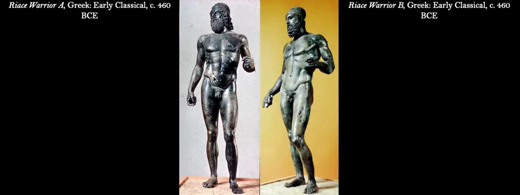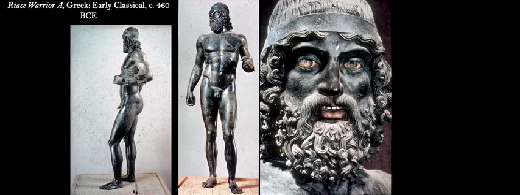And this is a good example of how that can look with bronze statues, Riace Warrior A and B. These are cast from bronze, and they have, wait for it, silver teeth and copper nipples, lips, and eyes. And they would have been inset with colored stones in the eyes to begin with. That was just so awesome. Like the silver teeth are great.